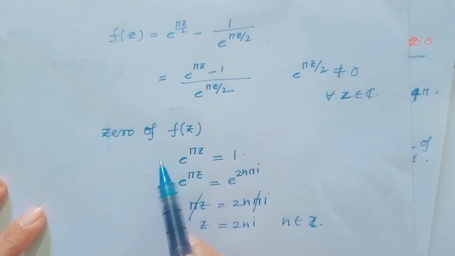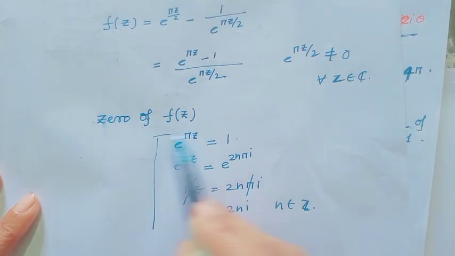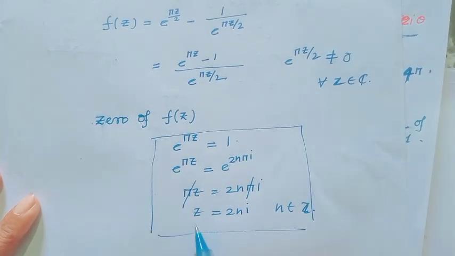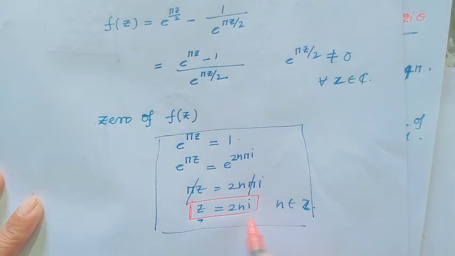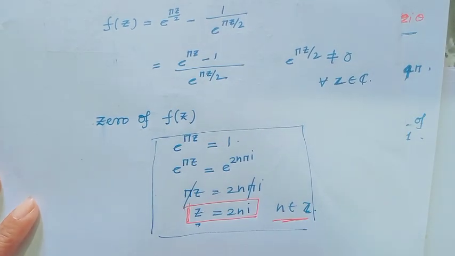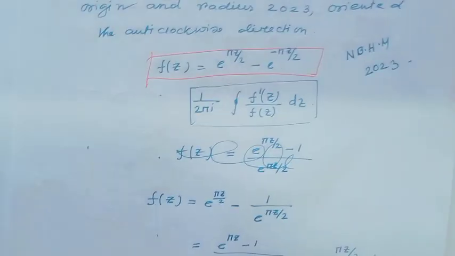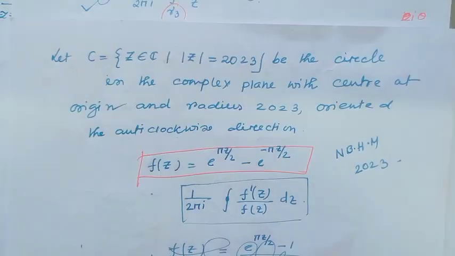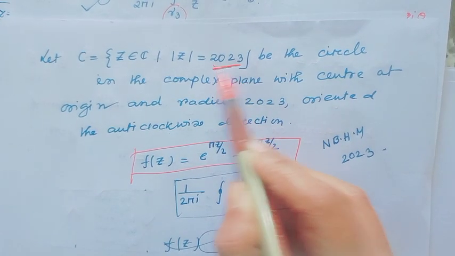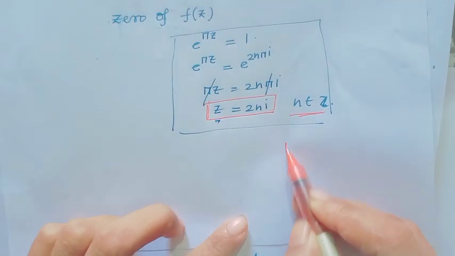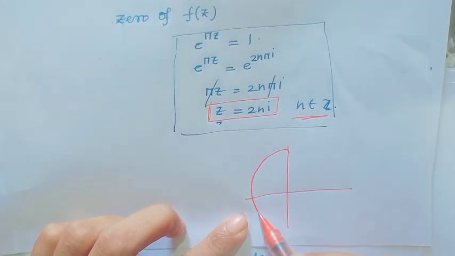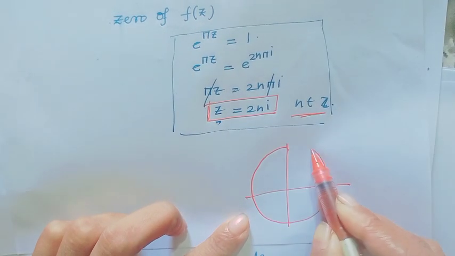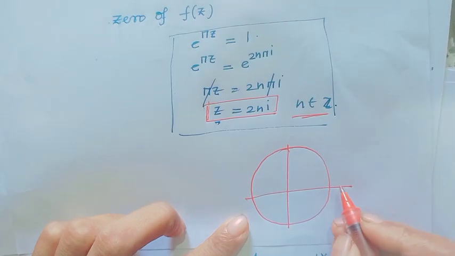And the zeros of f(z), after calculating, are z equal to 2n i, where n belongs to integers. And here the circle mod z equal to 2023. That means the circle with center 0 of radius 2023.